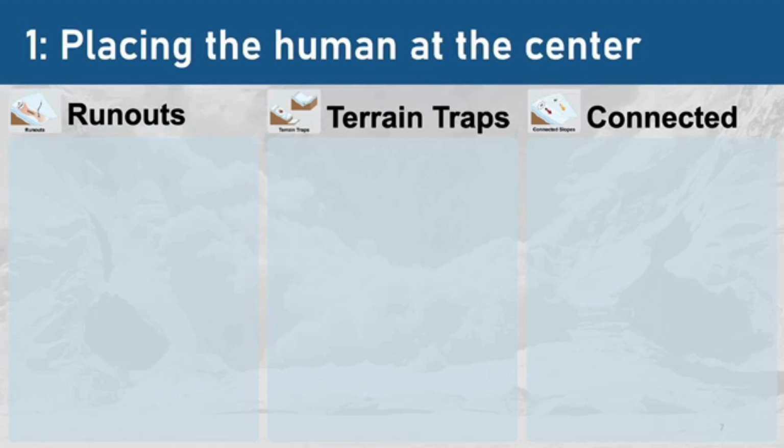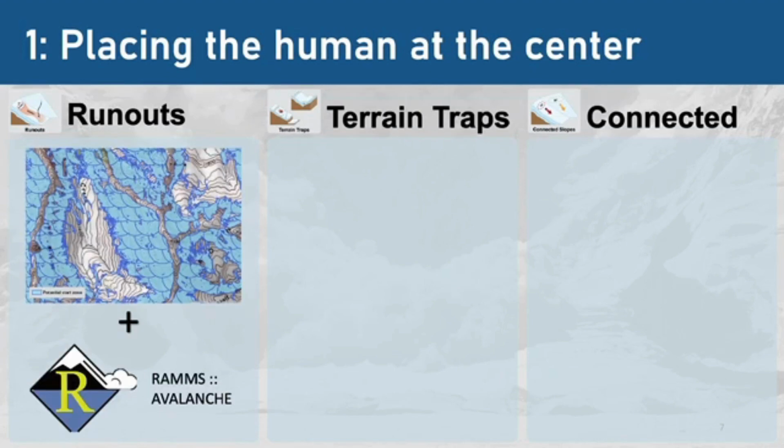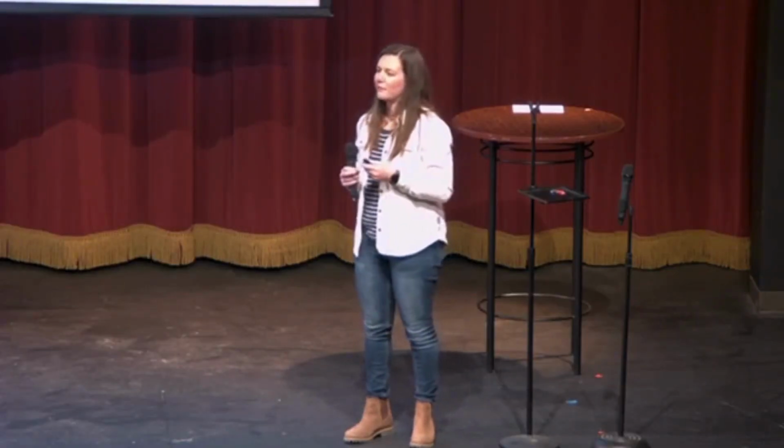So how did I incorporate those? This part isn't as important, so if it gets confusing, just bear with me. But for the runouts, to model a runout, first you need a start zone. So I created a grid of points based off of the width of the average size of an avalanche start zone from a CAIC database.